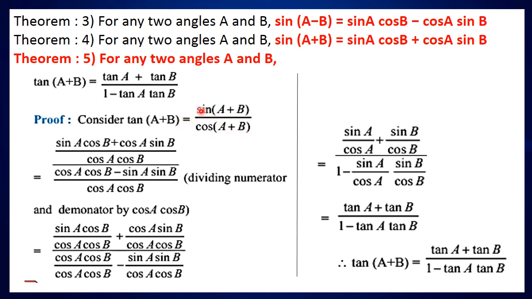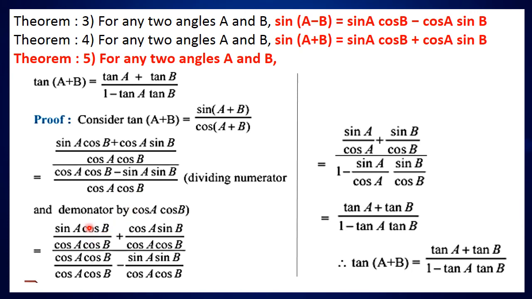Then we expand this sin(A plus B) using the result we learned above, that is sin A cos B plus cos A sin B, and after obtaining the result we divide the numerator by cos A cos B. And here cos(A plus B), that is cos A cos B minus sin A sin B, we divide this denominator also by cos A cos B.